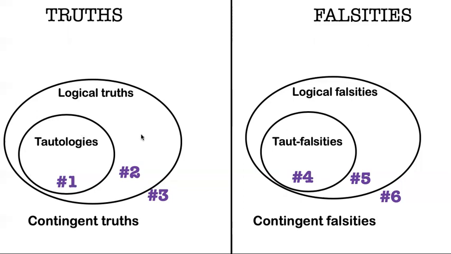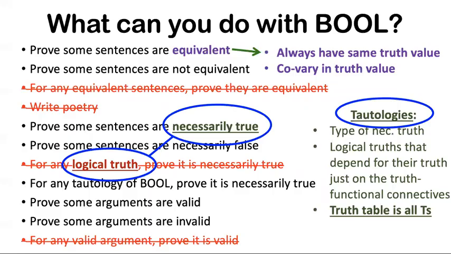And the exact same points apply to falsities or tautological falsities. These are the ones that are necessarily false because of truth functional logic, whereas these ones out here would be necessarily false because of other parts of logic. Now, what does this chart get at? This chart helps us understand this thing that we talked about before, the powers and limitations of Boole. You see, Boole can prove some sentences are necessarily true, and it also can prove some sentences are necessarily false.